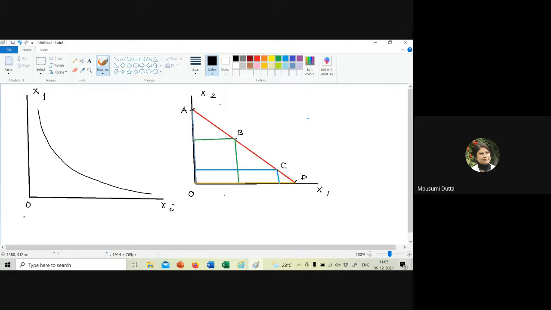For B and C and for any points lying in between A and D, the consumer is consuming some amount of X1 and some amount of X2. However, because of perfect substitutability between the commodities, here the slope of the indifference curve is a constant one. MRS is a constant.